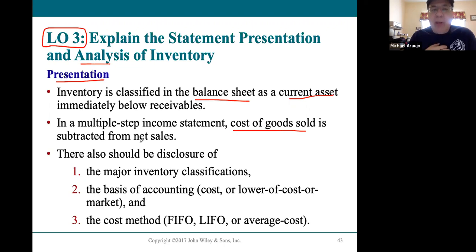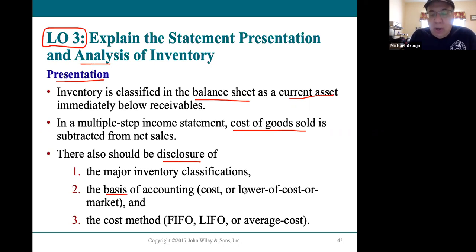When we are preparing our financial statements in accounting, we have to disclose as much information as possible in terms of calculation of assets, cost of goods sold, things like that. So we actually tell owners the type of system that we're using. We tell them the basis of how we created the values.